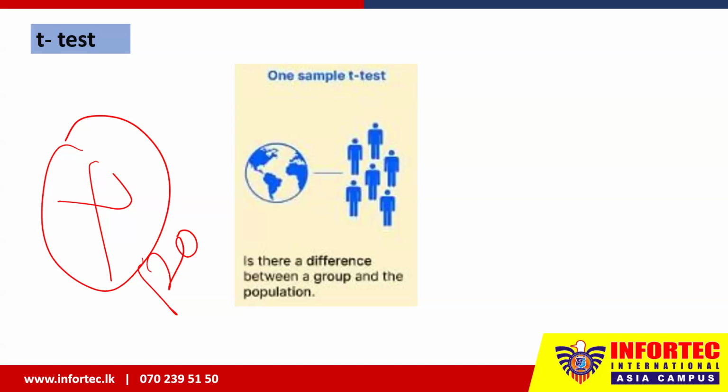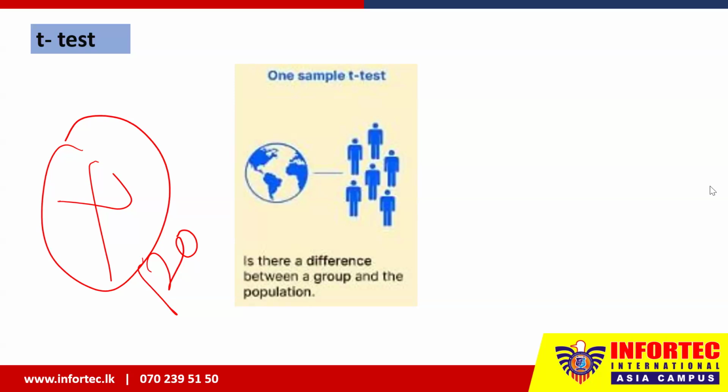So I will explain how to construct the null and alternative hypothesis related to this one sample t-test. Okay. In our example, you want to check whether the average systolic blood pressure level of the individuals in clinic X is equal to 120 or not.